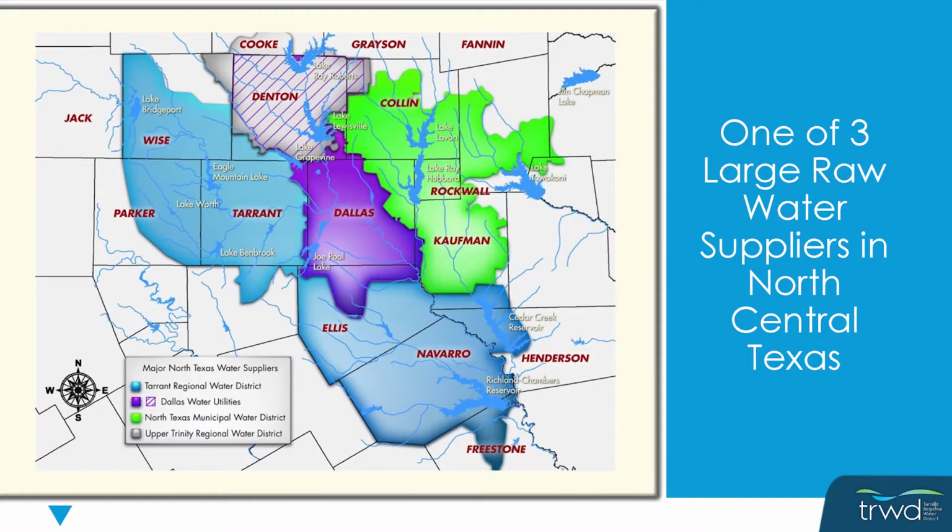North Central Texas is the area that our service area is in. We're one of 3 large raw water suppliers in that area. The area has a population of about 7 million today, and projections are to grow to 14 million by 2070.